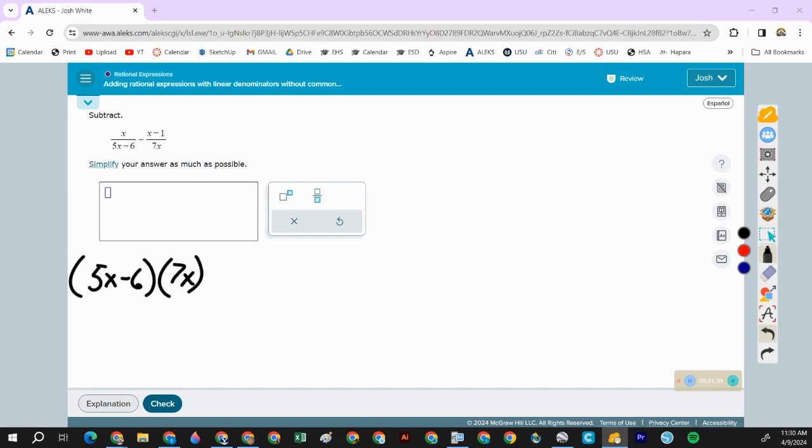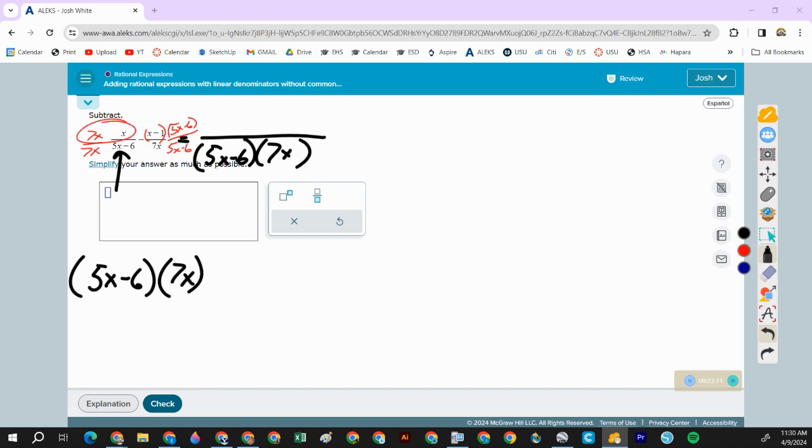Well, if that's my common denominator, 5x minus 6 and 7x, what does this fraction need that the common denominator has? It needs a 7x. So I put 7x over 7x. And this one needs a 5x minus 6 over 5x minus 6. It's a little bit tricky.